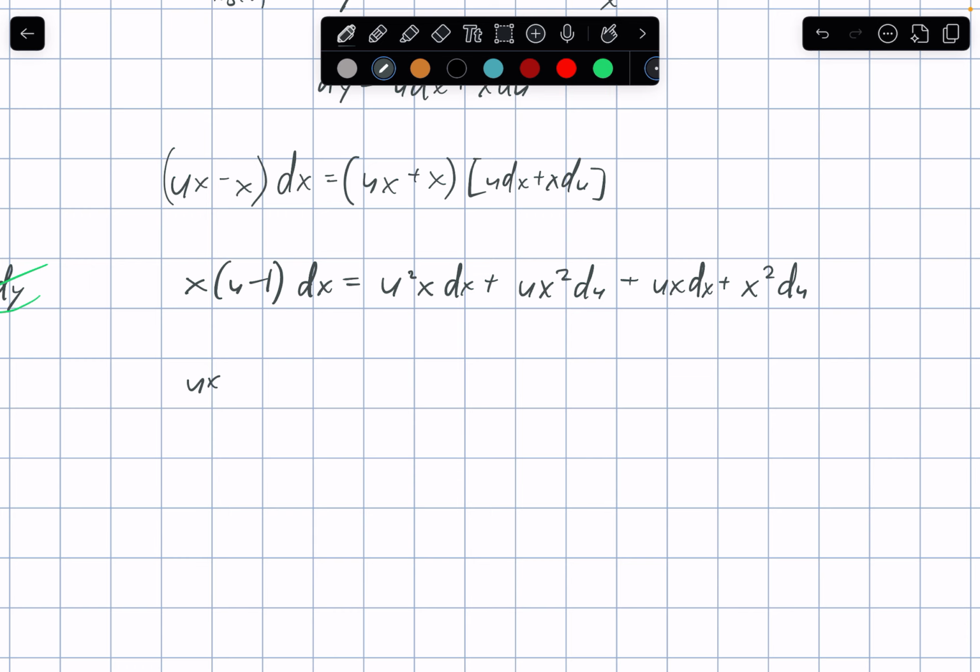Ux dx minus x dx minus u squared x dx minus ux dx, ux squared du plus x squared du. Okay.